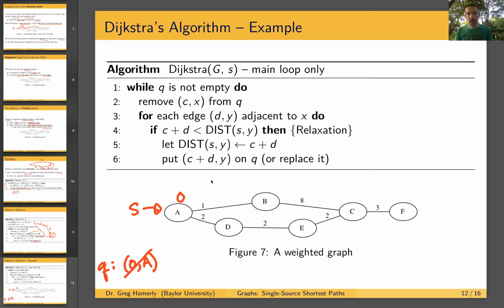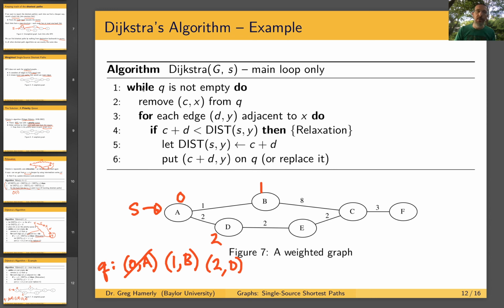And the question is, is 0 plus 1 less than my current estimate of the distance to B, which is infinity at this moment? Well, yes, it is. So I'm going to update the cost of going to B, and I'm going to put onto the priority queue c plus d and this vertex B. So I'm going to put onto the priority queue 1, comma B. And I'm going to do the same thing for D. So D will get 2, comma D on the priority queue. It has a cost of 2, and we continue.